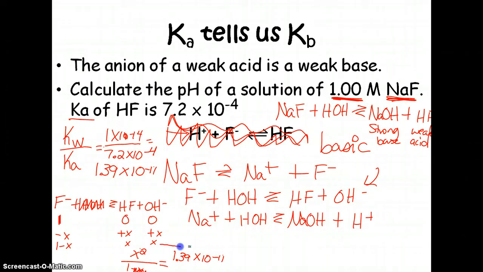Okay, so your x value here is 3.73 times 10 to the negative 6. Okay, now that's your hydroxide concentration. So if you negative log this, then you can get the pOH.